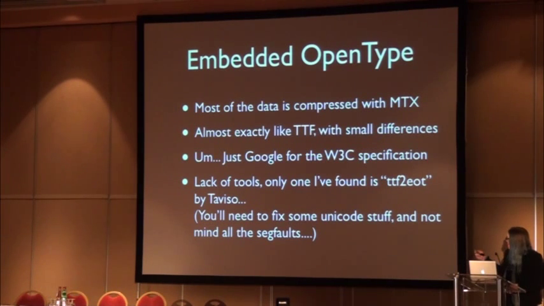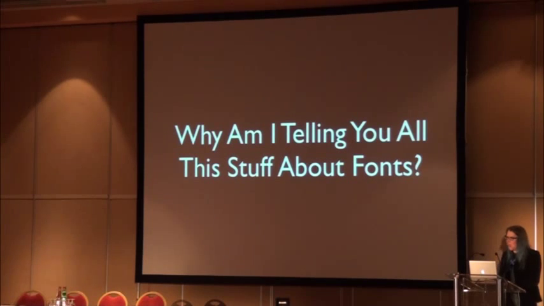It's full of bugs, so you'll have to go and fix it and ignore a lot of seg faults and stuff like that, and it's undocumented. But it actually works. It's been very, very useful for extracting data out of embedded OpenType fonts.